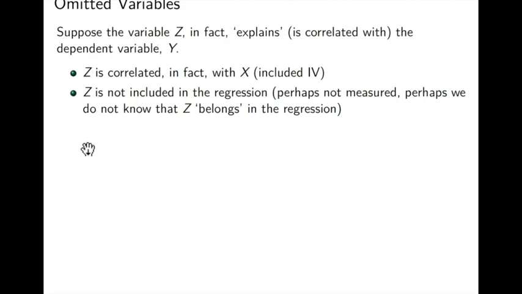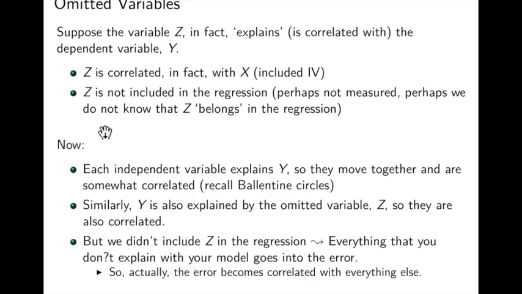So if z belongs in the regression but is not included, well then what have we got? We've got z is not included in the regression, so that means it's captured in that error term. It appears as everything else that affects income that isn't education. So it's in that epsilon term.